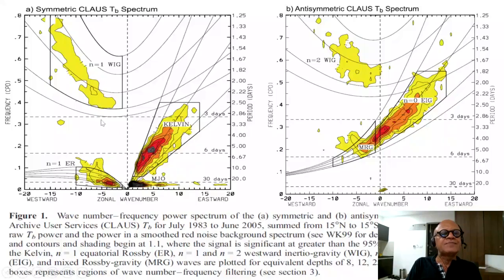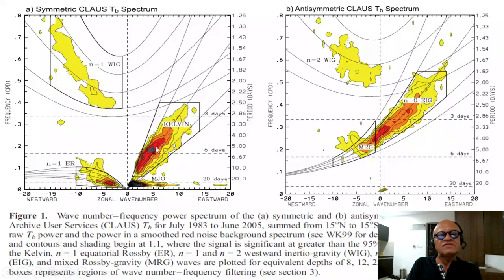Okay. So here you have the zero zonal wavenumber, around which you have westward propagating Rossby waves, and the energy of the spectrum is shown here, and the theoretical curves are shown in the lines. The contour interval is 0.1 and so on.